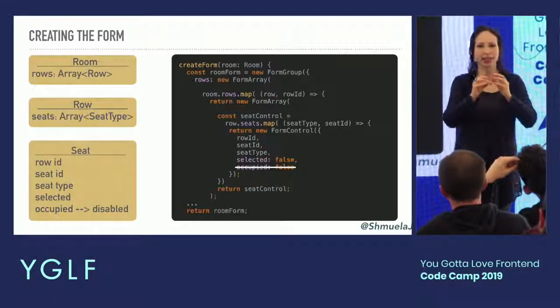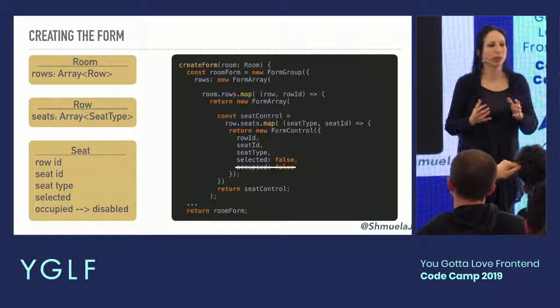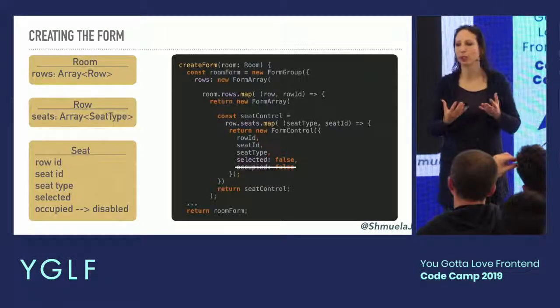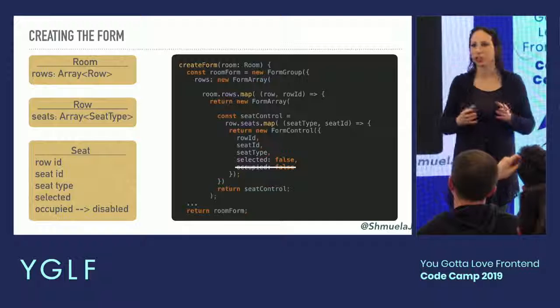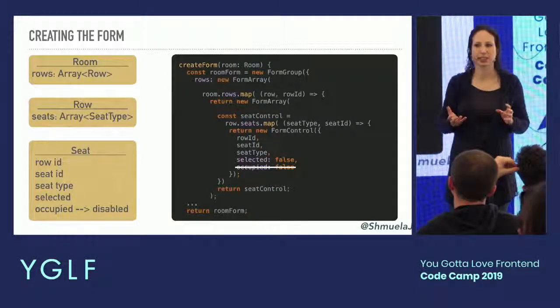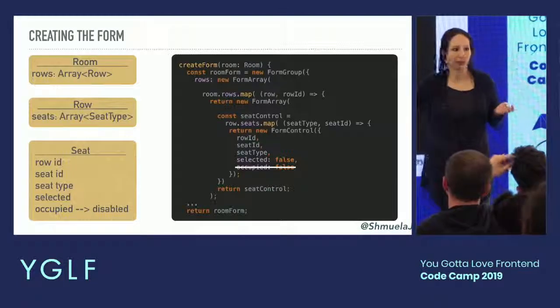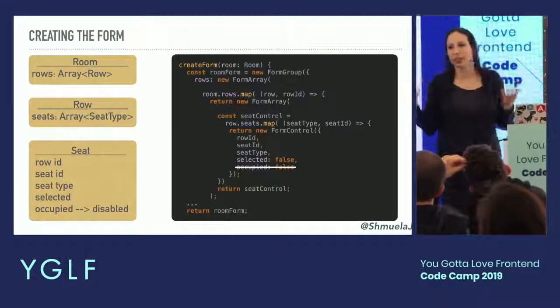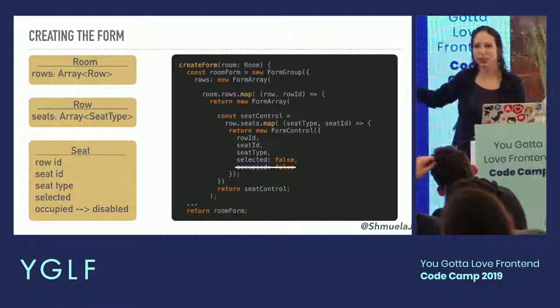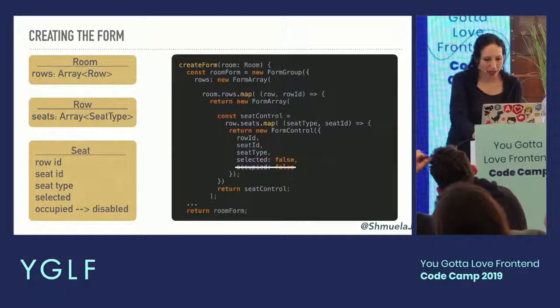Okay, I have everything in one place, and that's also one reason why I needed to create a new form control and not just use a checkbox and style it in a different way, because in a checkbox you can't have all this as a value. So I find it very useful to do it this way.